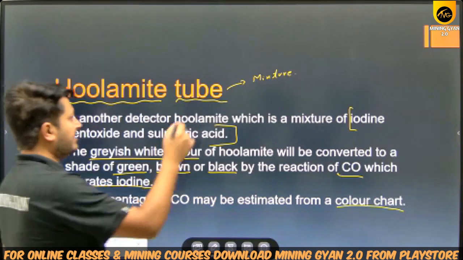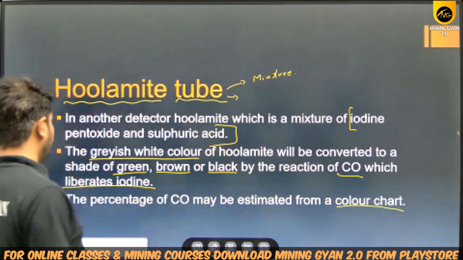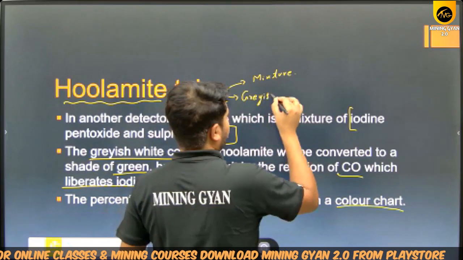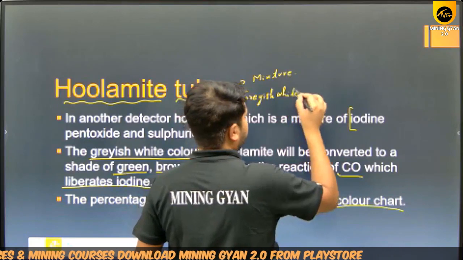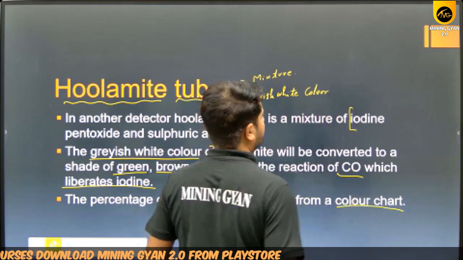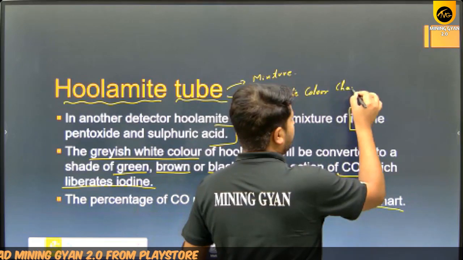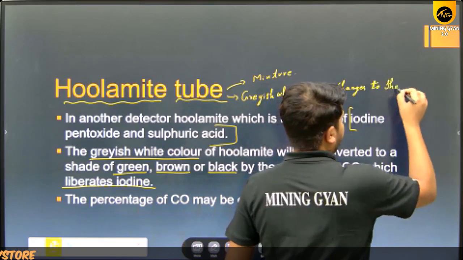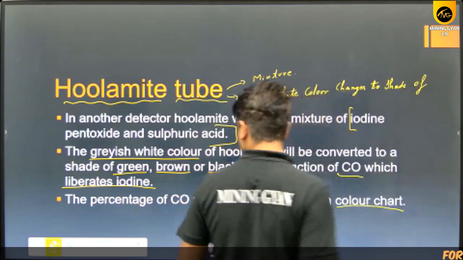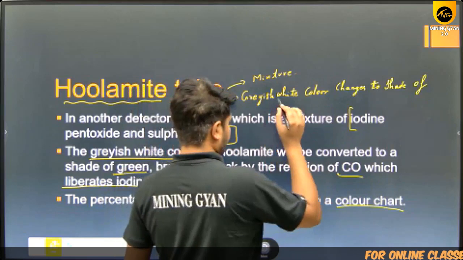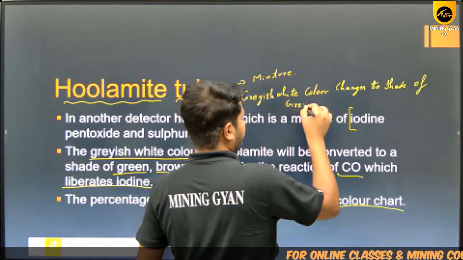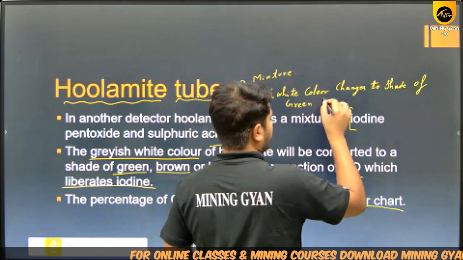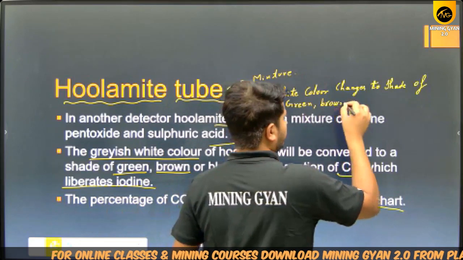After that, second point: grayish white color changes to shades of green, brown, black.